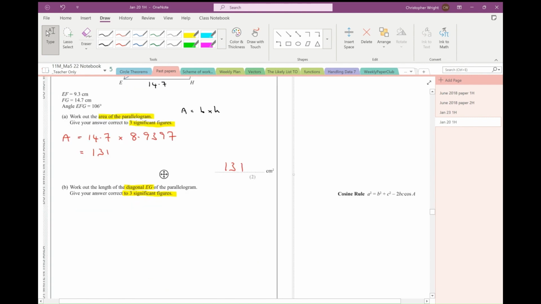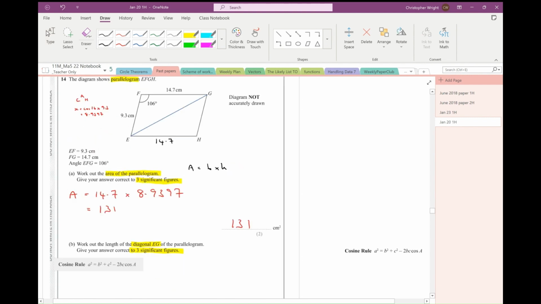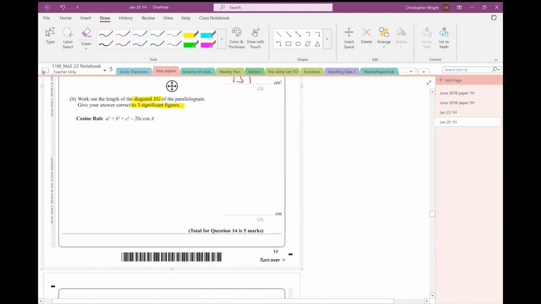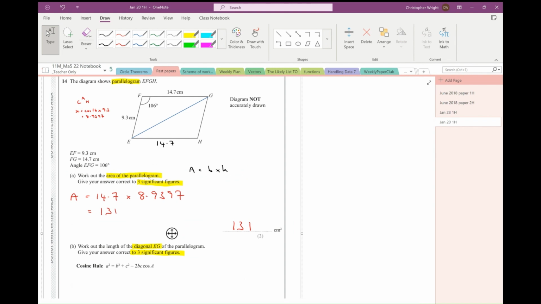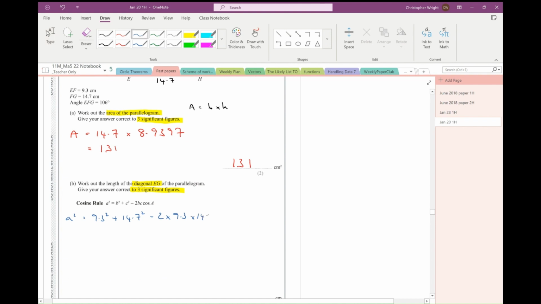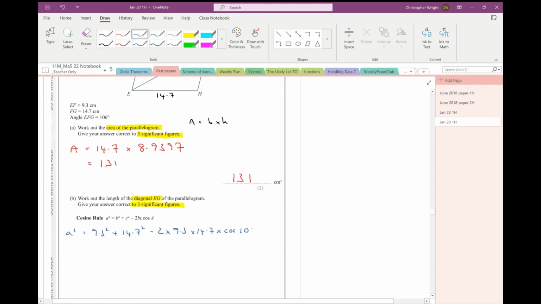And look at this, as if by magic. Here's the cosine rule, which of course is given to you on the formula sheet. So if I call the angle A, then this will help me find the length of little a, won't it? So a squared equals 9.3 squared plus 14.7 squared minus 2 times 9.3 times 14.7 times cos of the angle A, cos 106.